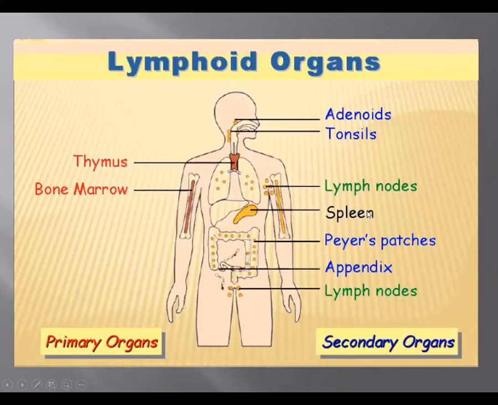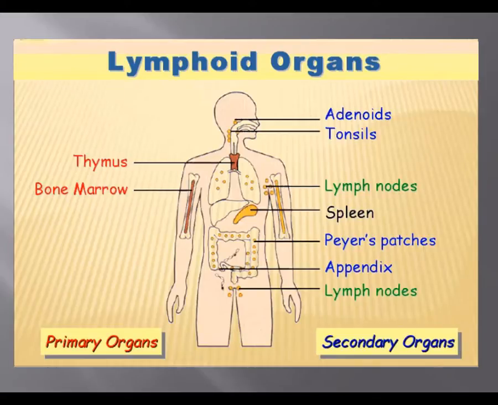The spleen holds a reservoir of blood and destroys all the red cells. And it's just like a large lymph node that services the gut-associated lymphoid tissue. The tonsils and Peyer's patches are just really glorified lymph nodes.